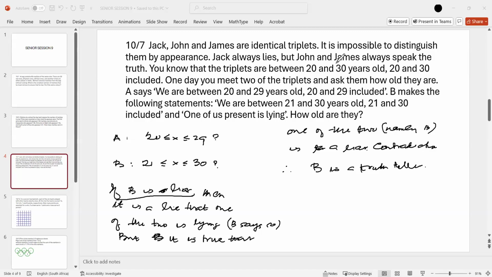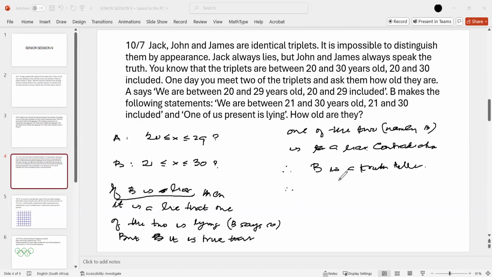And then, for instance, B said one of them is a liar. So therefore it is true that one of them is lying, but there's only one liar.